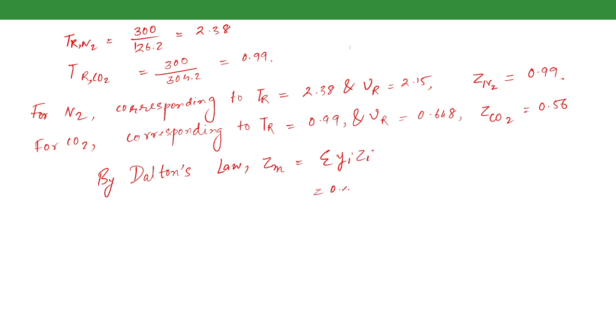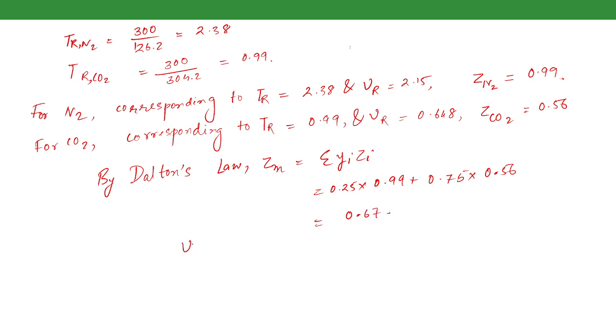So 0.25 multiplied by z for nitrogen, 0.99, plus the mole fraction of carbon dioxide, 0.75, multiplied by the compressibility of carbon dioxide, 0.56. So this compressibility of the mixture comes out to be 0.67.